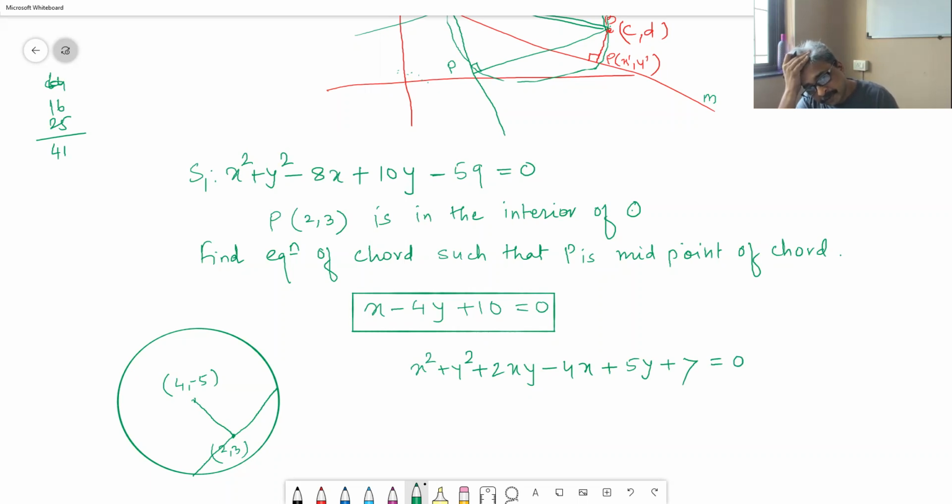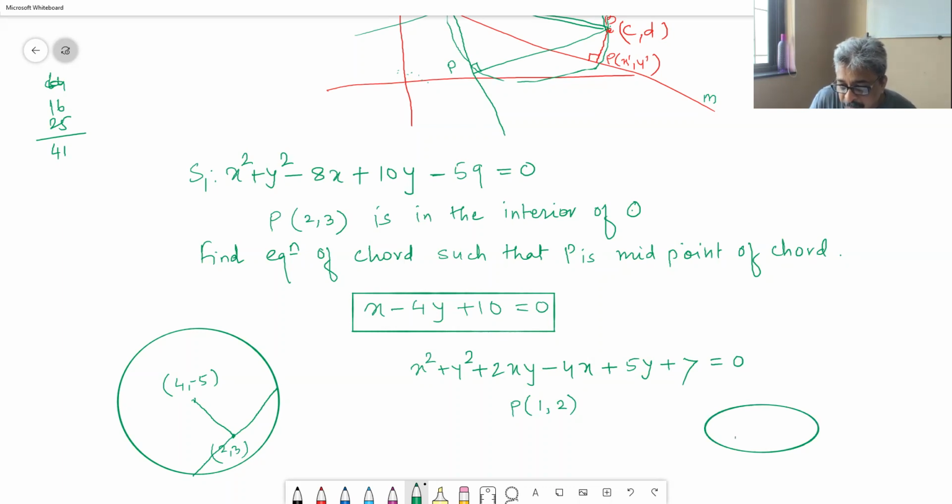And I give you a point P, an easy point, (1, 2). And I want the equation of the chord passing through (1, 2) such that (1, 2) is the midpoint with respect to this conic. I don't know what this conic is, but suppose it is an ellipse, and (1, 2) is here.